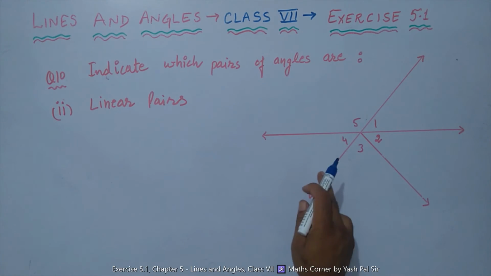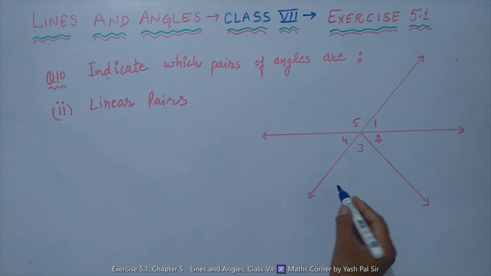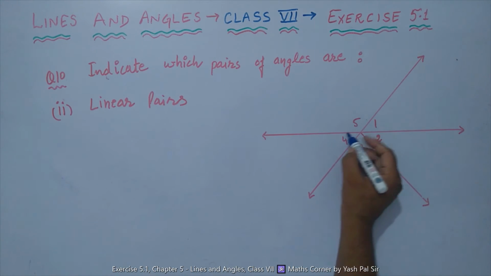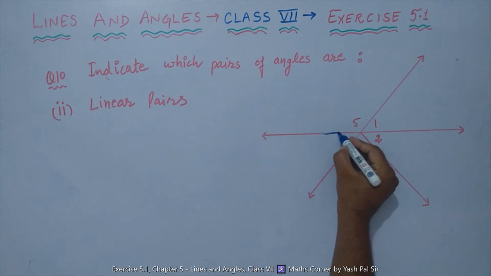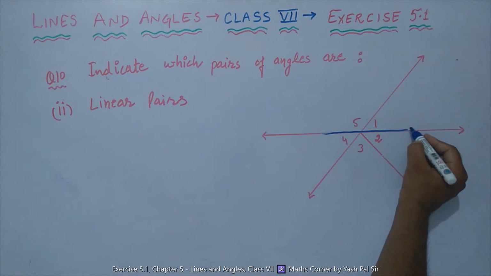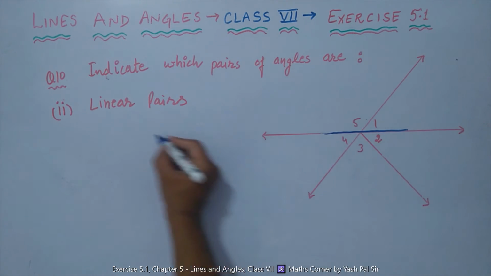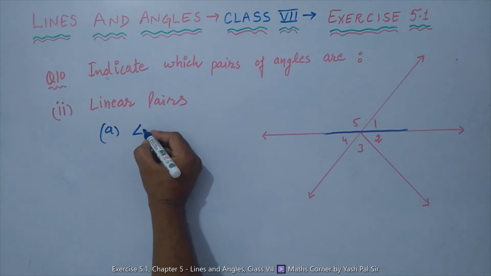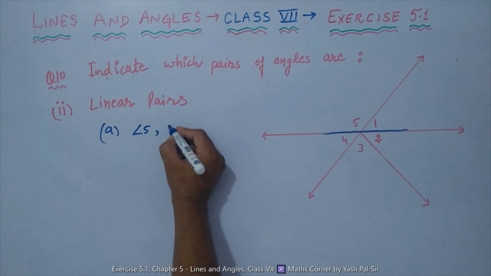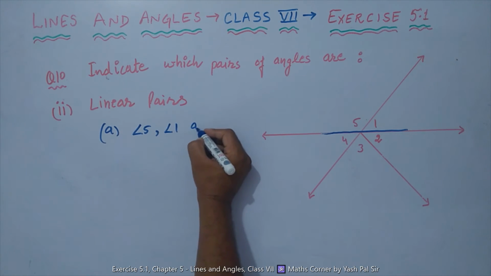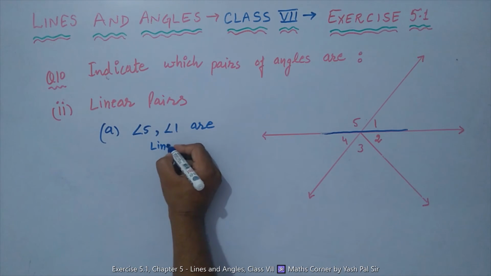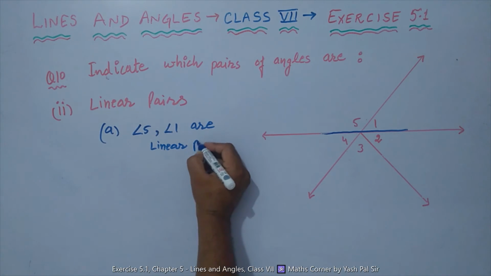Linear pair means those angles which are on the same straight line. So first of all we see that angle 5 and angle 1, they are on the same straight line. So number A, angle 5 comma angle 1 are linear pairs.